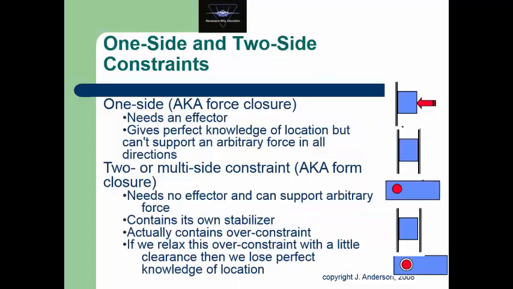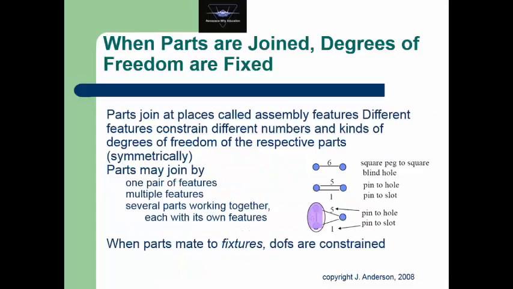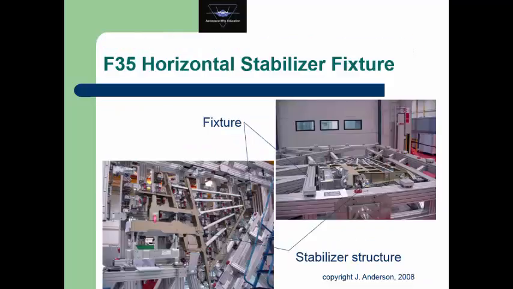Force and form closures. What we're doing here is starting to set the stage for how you go about physically constraining parts during the assembly process, or the concept of fixturing. And this is actually a fixture. This is a horizontal stabilizer for the F-35 fighter jet.